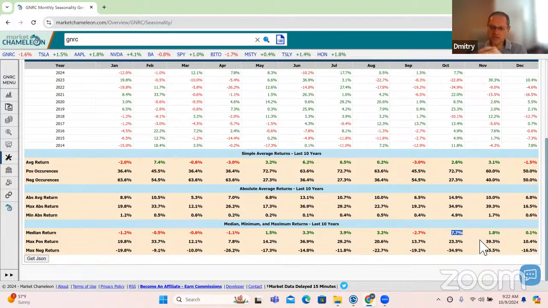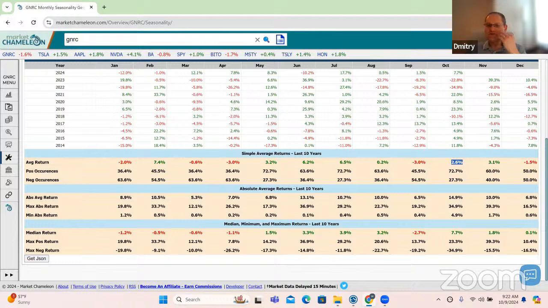The 7.7% does show that it's much higher than the other ones. The next one's 3.9%. But we could see that the average got skewed down from the median return of 7.7, since the average return's only 2.6. So there must have been some large moves that skewed the average lower.